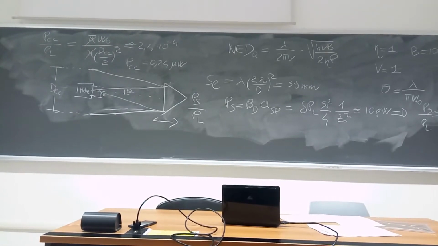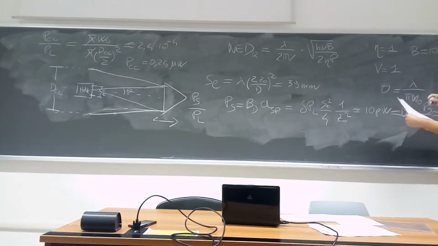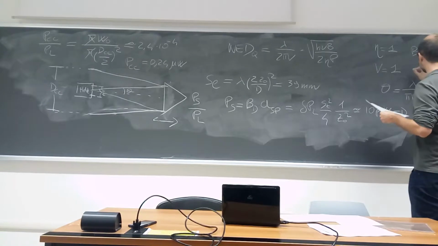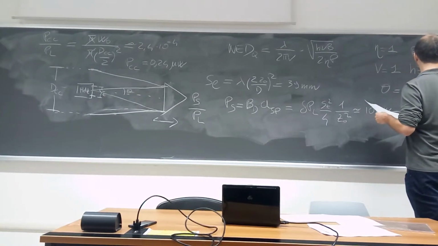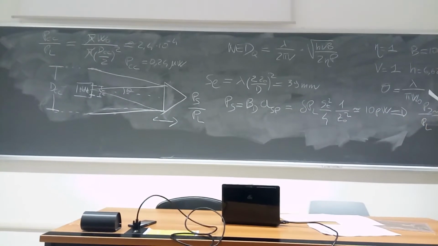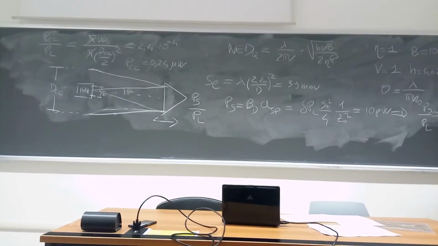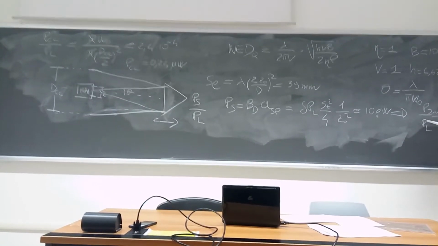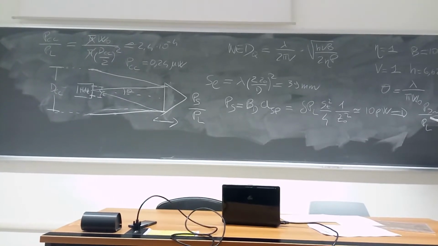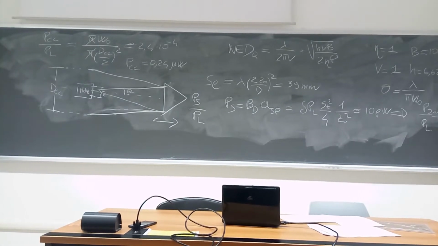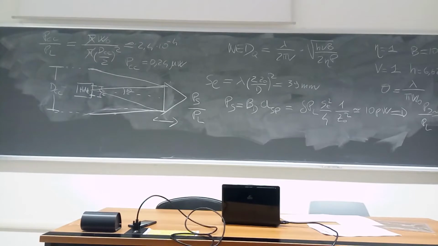And as a note, it says also that the Planck constant is equal to 6.62 10 to minus 34. So you do not have to remember this quantity.